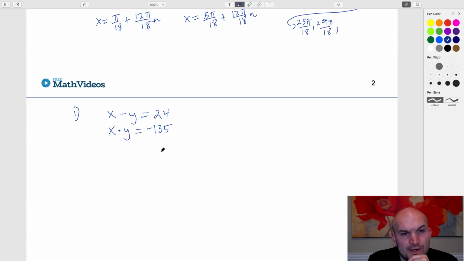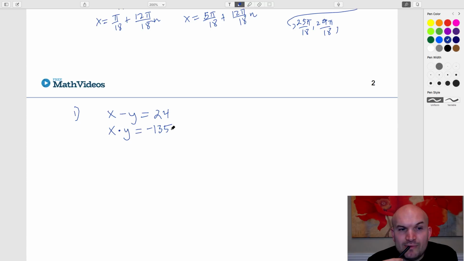Okay, I don't have a calculator with me, but all right. What I would recommend in this case is, we have a system of equations here, right? We have two variables and two equations, and whenever we have that, that's what we want to solve. The difference is 24, and then the product is negative 135.